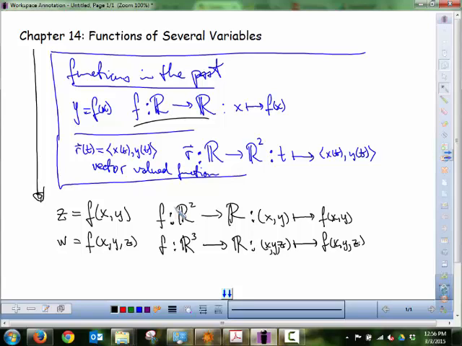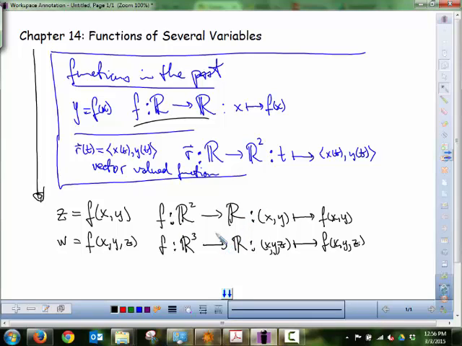This is really the heart of this class, to study these functions. The vector valued functions that we studied in chapter 13 can be considered functions in their own right, with their own special properties. But what we're going to do is use those as tools to really study these types of functions.